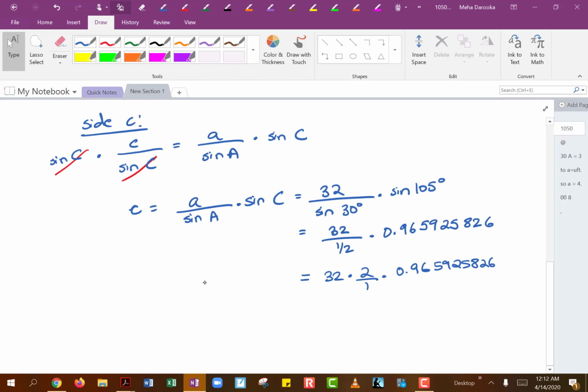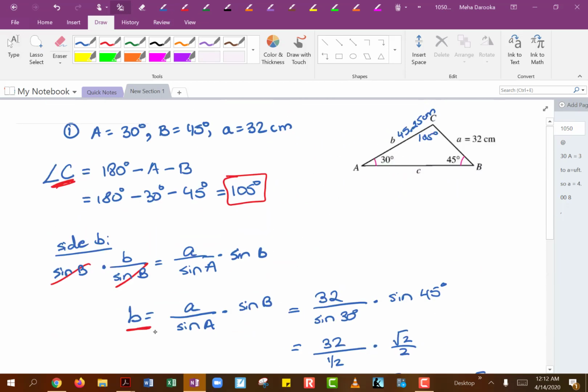So go ahead and multiply that, and you will end up getting approximately 61.82 centimeters for your side C.